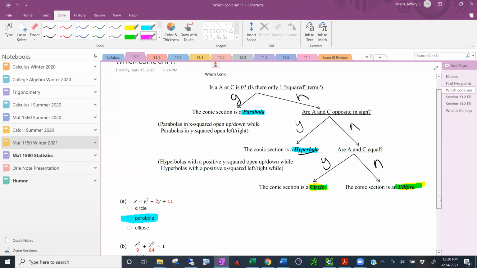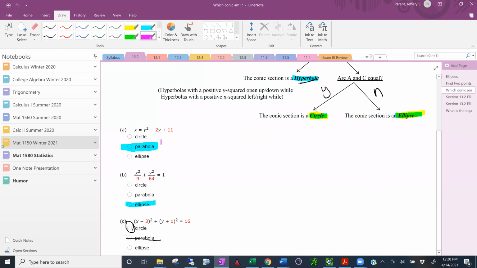One clue you can look for is whether or not there's two squared terms in your equation. If there's only one squared term, it has to be a parabola. There's just no choice about it. If you got one squared term in a graph, it's a parabola. If you got two squared terms like this, especially when you have one on the right-hand side like this, that's your ellipse.